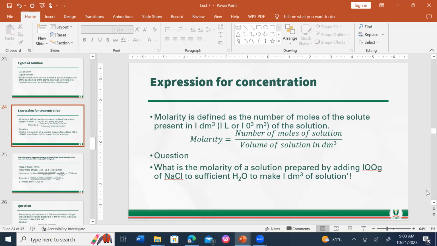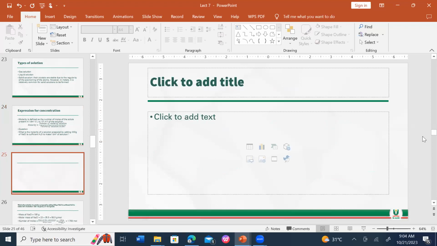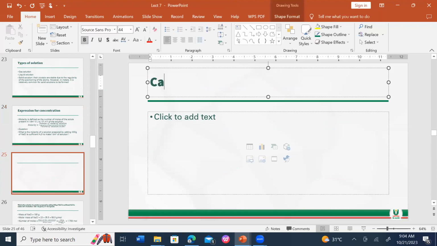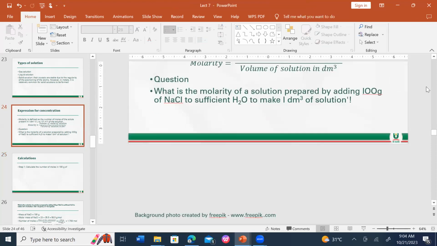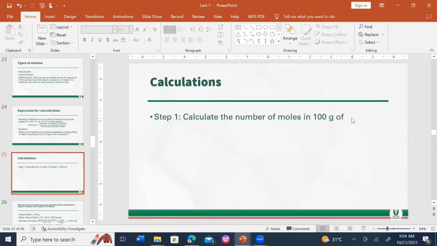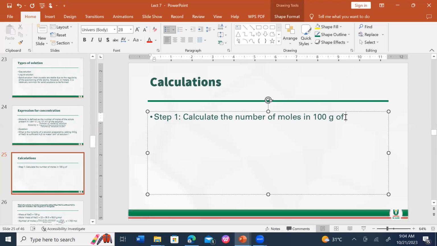So the first thing to calculate here will be the number of moles. Calculation, step 1: calculate the number of moles in 100 grams of sodium chloride. That is the first thing.